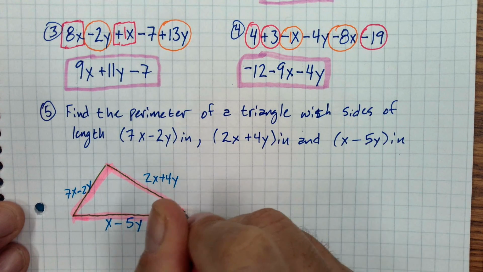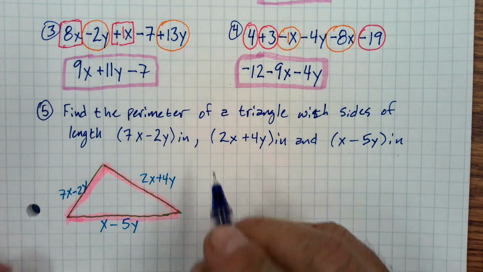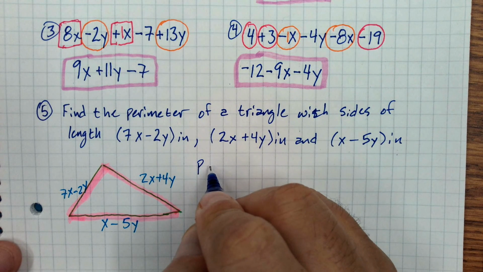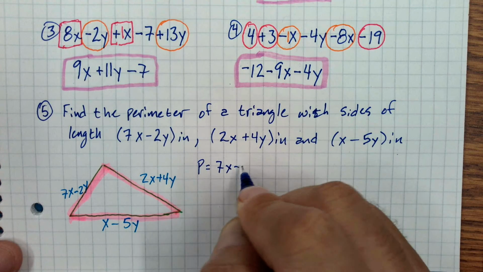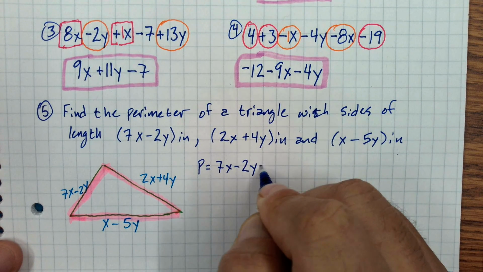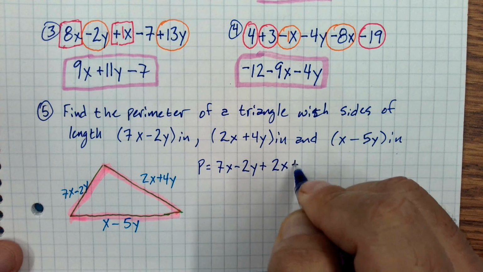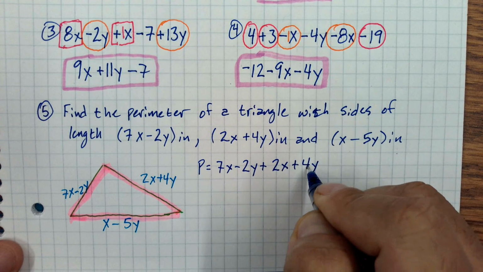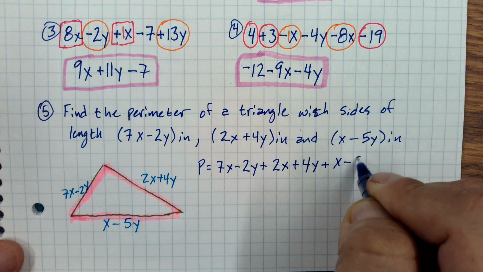So if we want to find the total perimeter, we would add those values, right? So basically, to find the perimeter, we would do, in this case, 7x minus 2y plus 2x plus 4y plus x minus 5y.